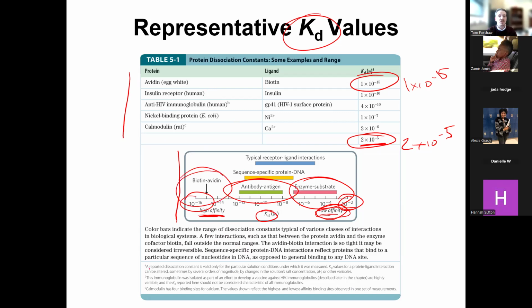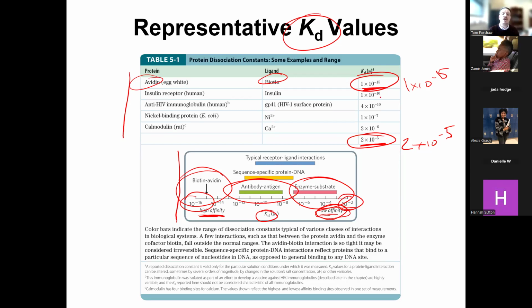And biotin, which you may have heard of, biotin, avidin, and streptavidin. If you do any research in biology and biochemistry, streptavidin will come in. That is where biotin, the ligand, will bind to avidin or streptavidin, the protein, with an extremely low KD value, so low, so far from 1, that it's such a tight interaction that doesn't want to break apart, it's almost considered kind of covalent-like because it's so strong.